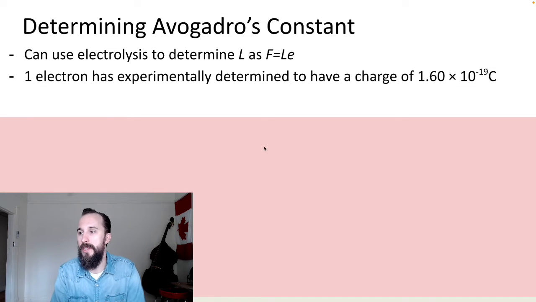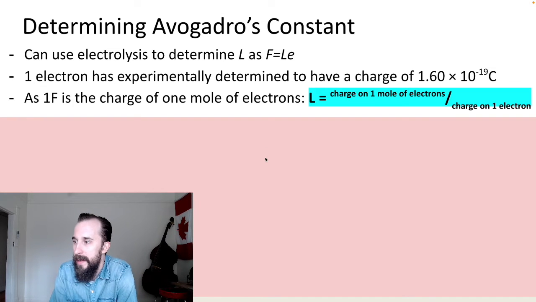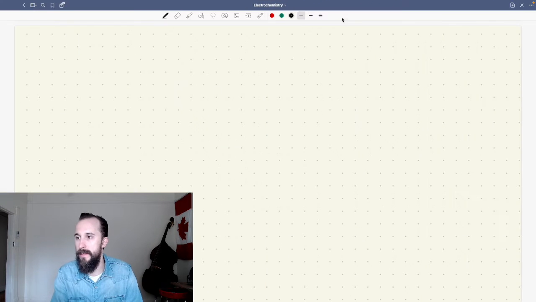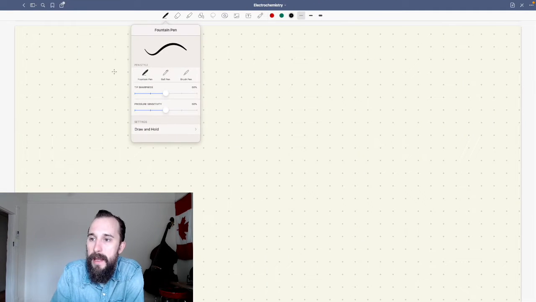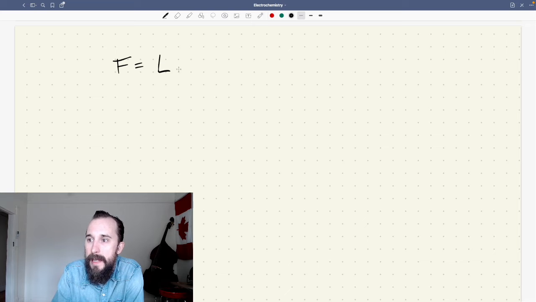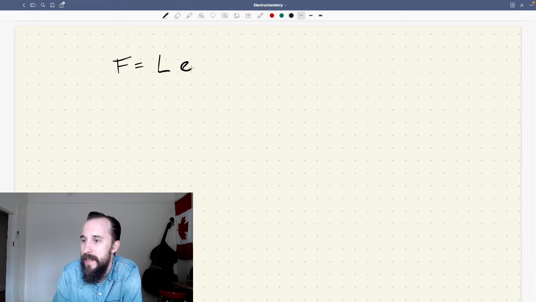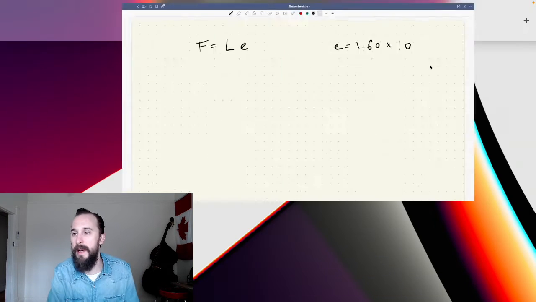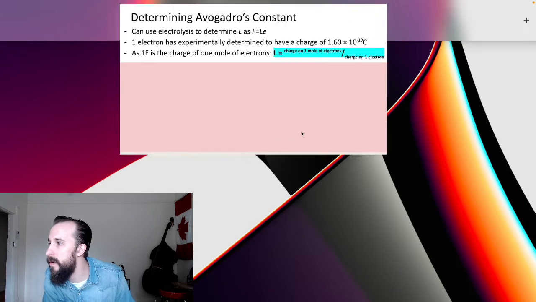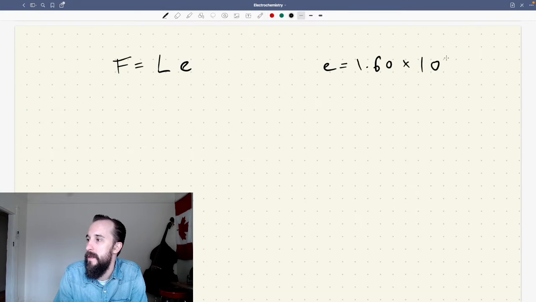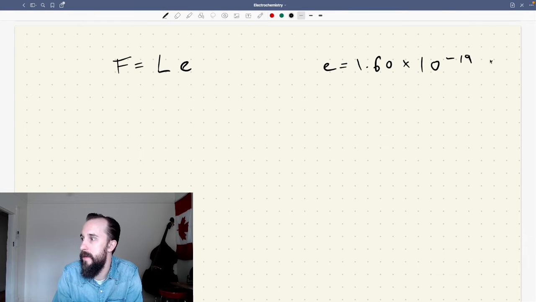So, I don't think this is too illogical, but essentially, let's go over here, I'll write some stuff up. If F equals LE, so if we have the charge of one electron, which is 1.60 times 10 to the power of minus 19 coulombs.